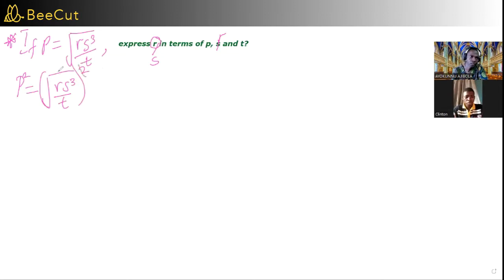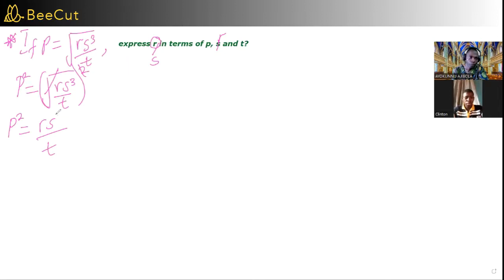Then squaring it cancels out this, and I have what is left here. This square equals rs cubed all over t. Remember, s is what I'm making subject now, and s is having a power of 3. Let me rewrite that power so it can be small enough as a power.